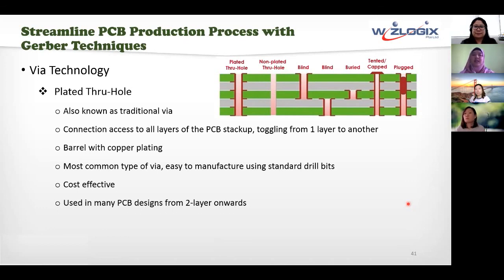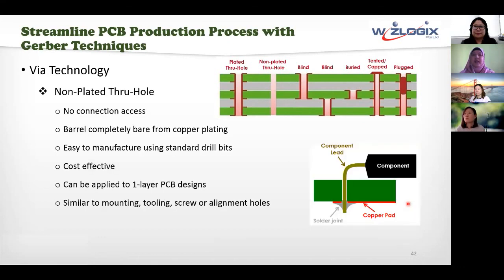I won't say cheap, because it depends on how many vias you use. For non-plated through hole, it's similar to your plated through hole but without the via barrel or the plating on the via barrel. So it's also cost effective, and it can be applied to a one layer PCB board.